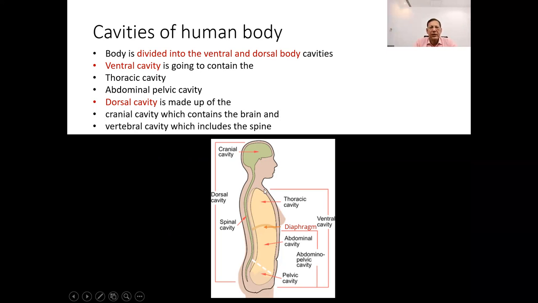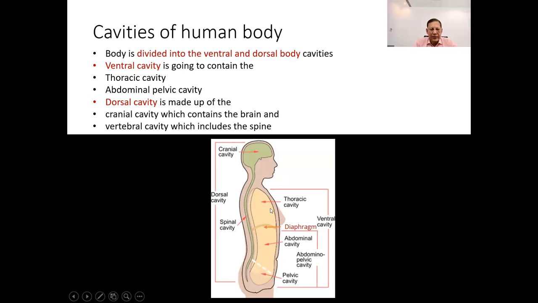Broadly speaking, the two main body cavities are the ventral body cavity and the dorsal body cavity. The ventral cavity is divided by the diaphragm, a muscular layer, into the thoracic cavity and the abdominal cavity, or abdominopelvic cavity.